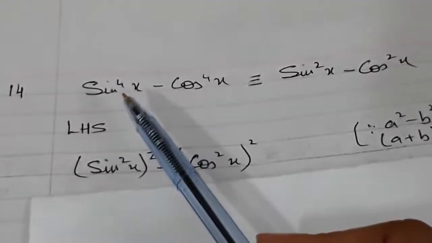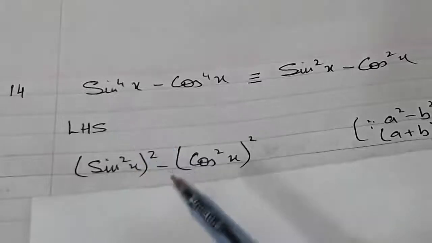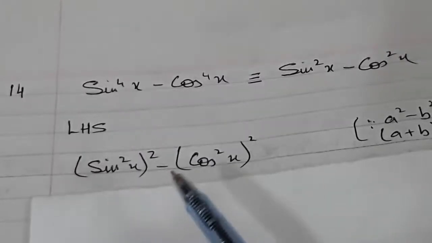So now what I'm doing here, I am writing sin square x to the power 2. So I'm changing this left hand side into the form of a square minus b square. You got it? Now a square minus b square is a plus b times a minus b. So now my a here is sin square x and my b here is cos square x.